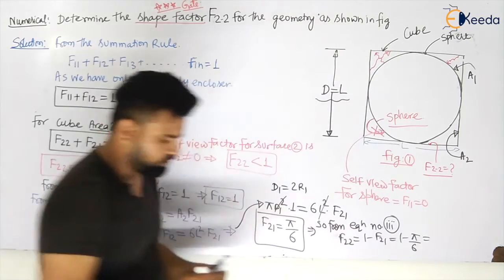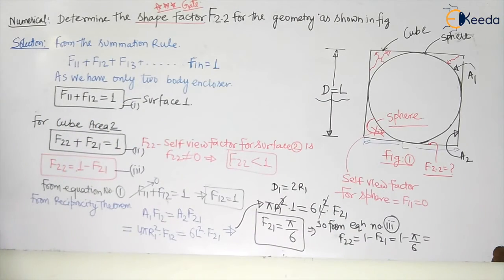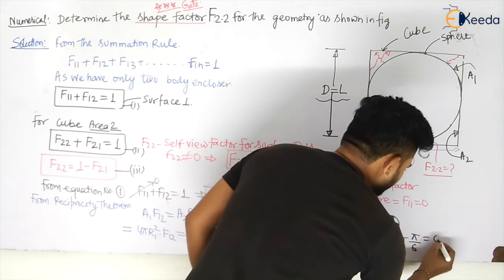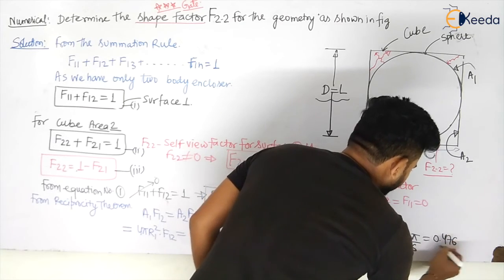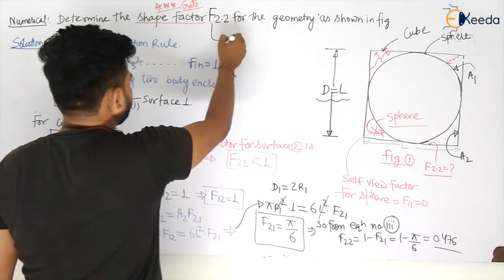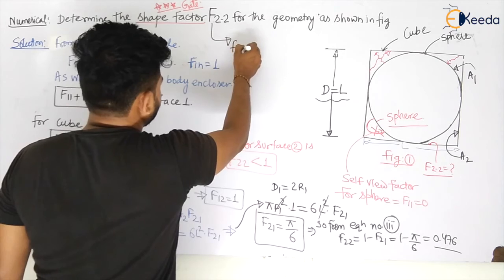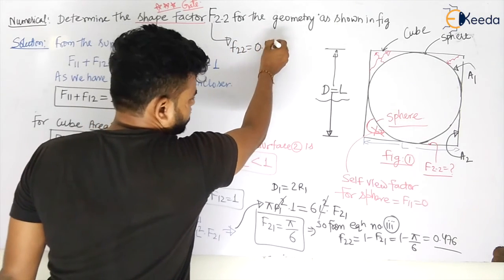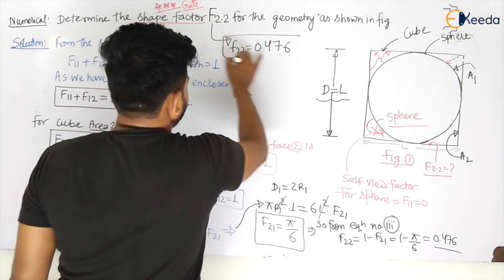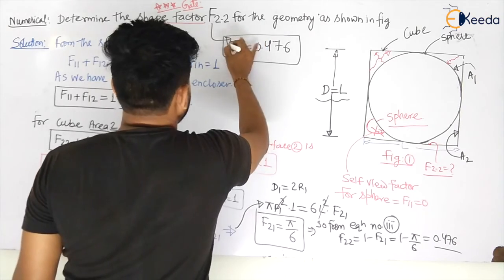So how much will this be? Let us see. 1 minus this will be 0.476. So the value of F22 is coming to be 0.476, my dear students.